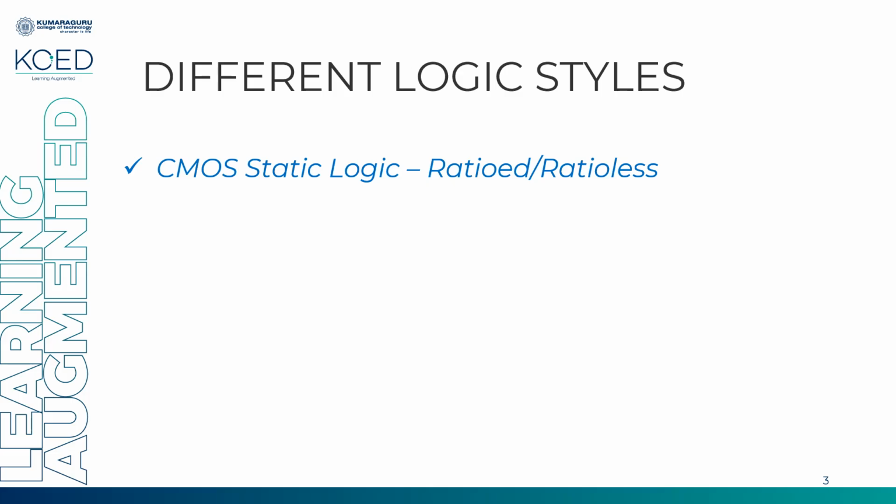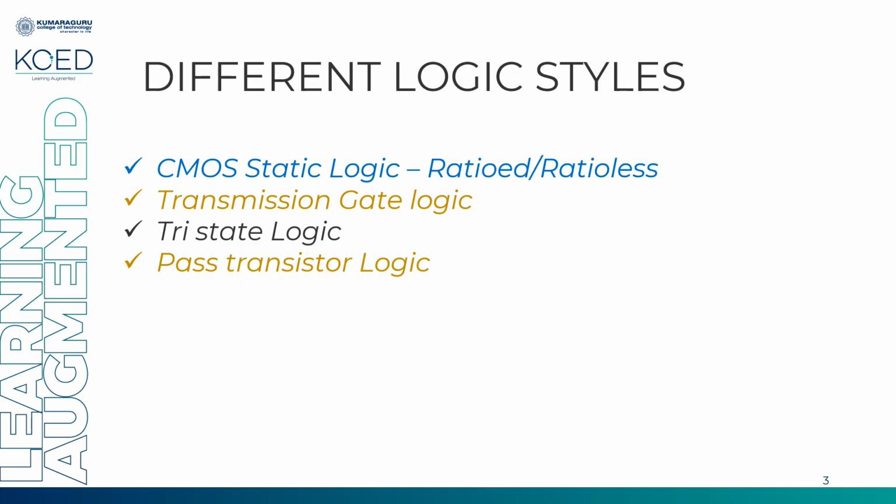You have ratioed as pseudo NMOS. So static circuits are designed using CMOS static logic, and the following three are switch logic, that is transmission gate, pass transistor. A transmission gate and pass transistor itself can act as a tri-state, and what is meant by tri-state, we'll be seeing in that also.